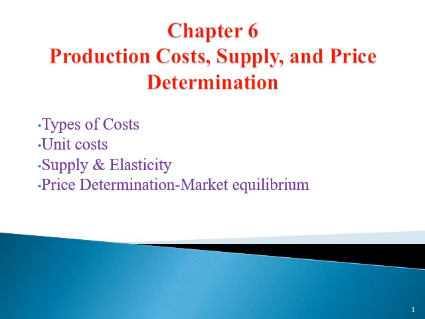So total returns, total receipts, or total revenues equals P_Y times Y, the unit price of output times the amount of output. The units of measurement of total revenue are monetary units, for example dollars or pounds.